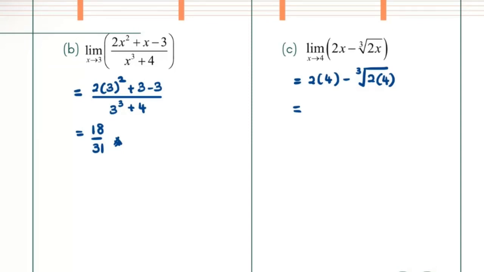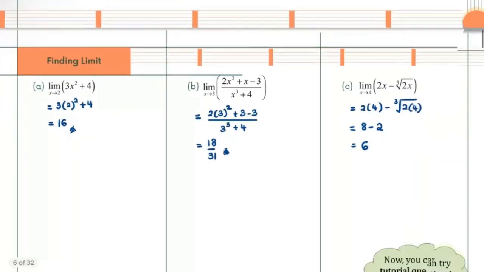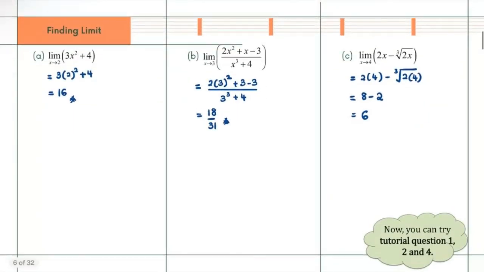So 8 tolak 2 dapatlah 6. So this will be our final answer. Okay, so simple sahaja untuk contoh yang pertama. So ini saya bagi contoh untuk kes yang pertama. Okay, case 1 direct substitute sahaja terus dapat nilai. So bila dah faham kes yang pertama ni, maksudnya kamu dah boleh buat tutorial soalan 1, 2 dan 4.